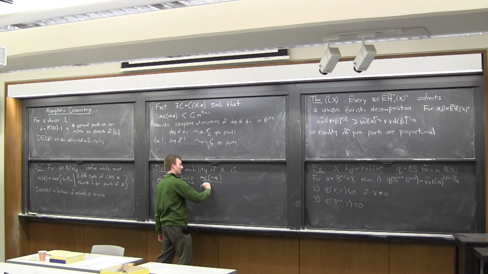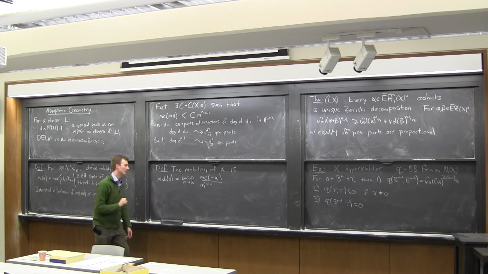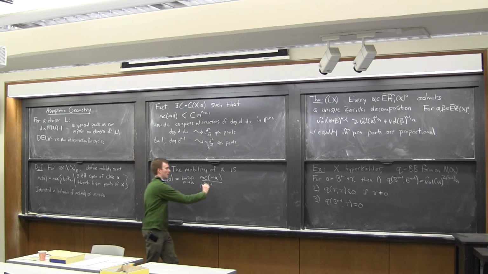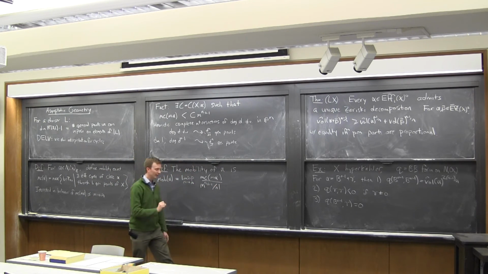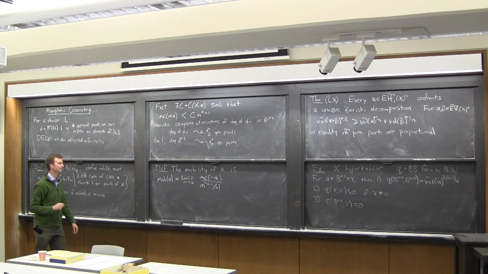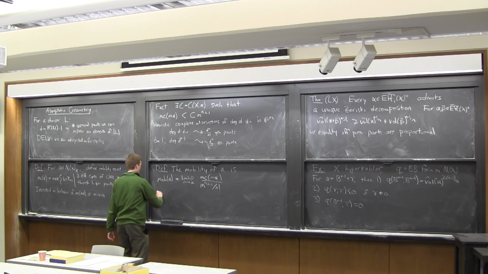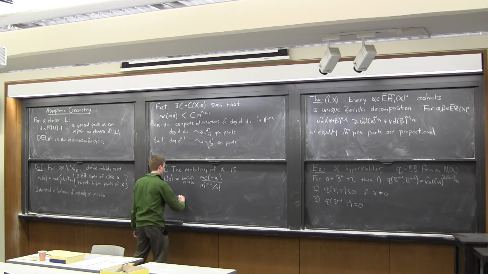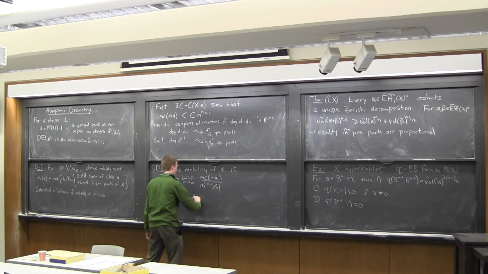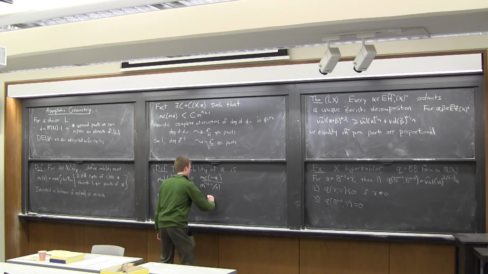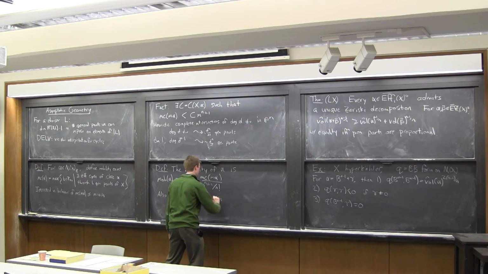We'd like to compare how it grows against m to the n over n minus 1. And then again, we include a rescaling factor, as usual. There's also a version allowing for weights.